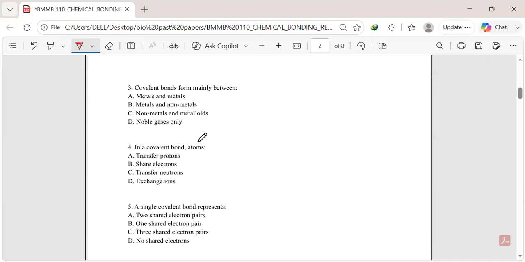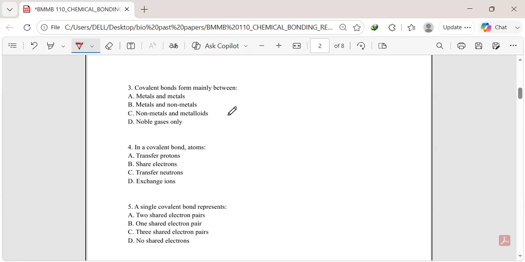So we have the next set of questions. The next question reads, covalent bonds form mainly between, is it A, metals and metals, B, metals and non-metals, C, non-metals and metalloids, D, noble gases only.